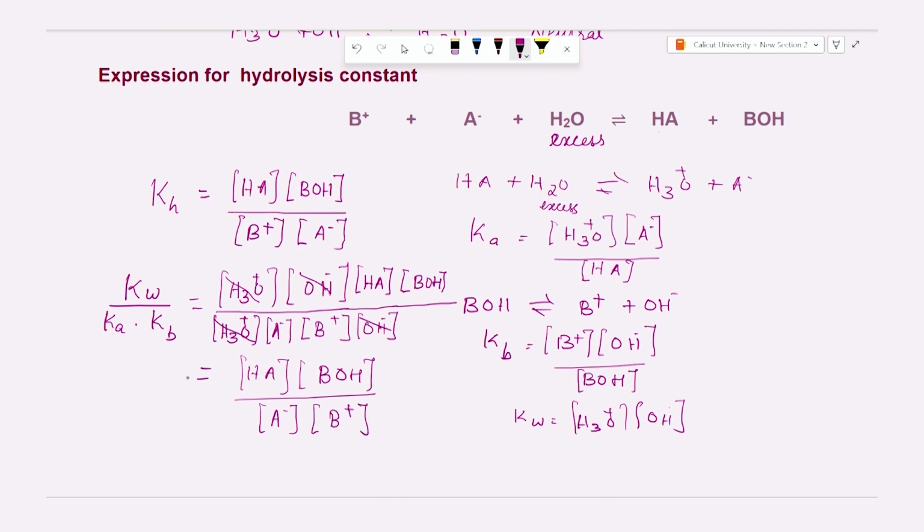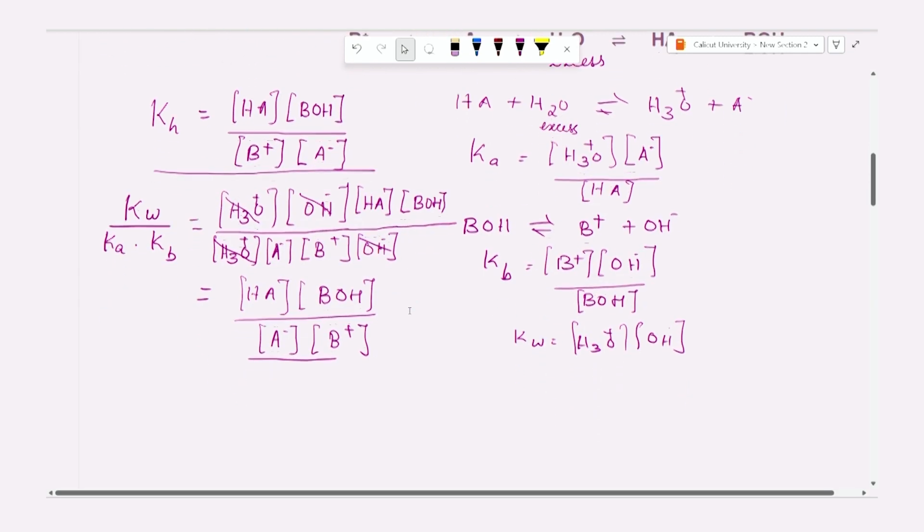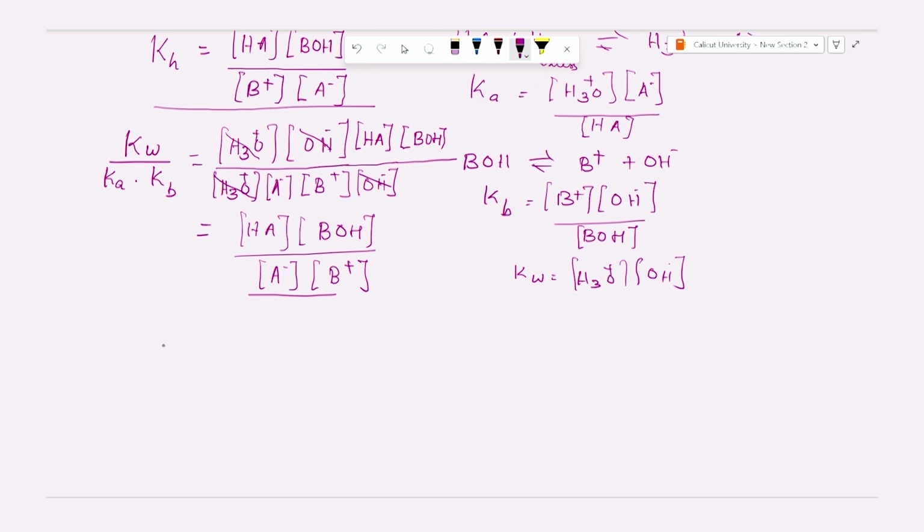Now, compare this with the previous expression for Kh. Both are same. Okay. So, what does it mean? Kh is equal to Kw by Ka into Kb. So, this is the expression for hydrolysis constant for a salt where both acid and base are weak.